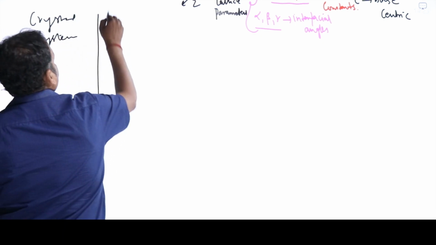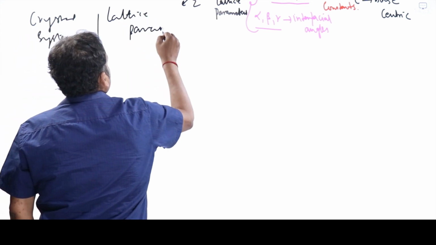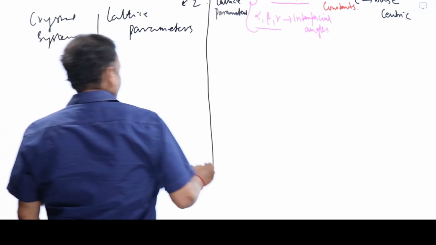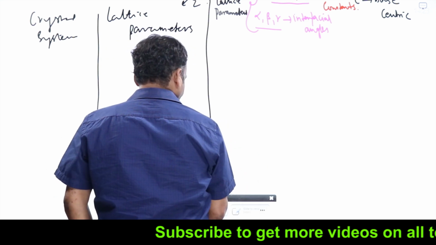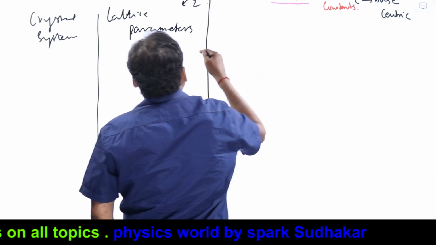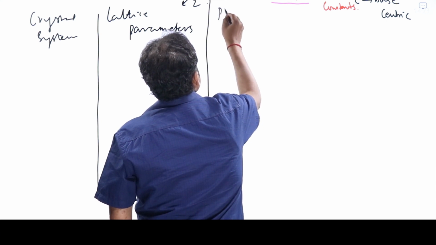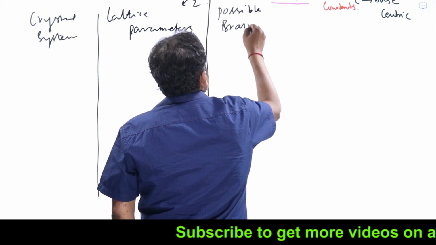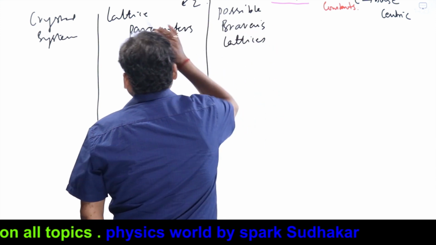Next one, lattice parameters. Next one is known as possible Bravais lattice types, possible Bravais lattices in that crystal system.